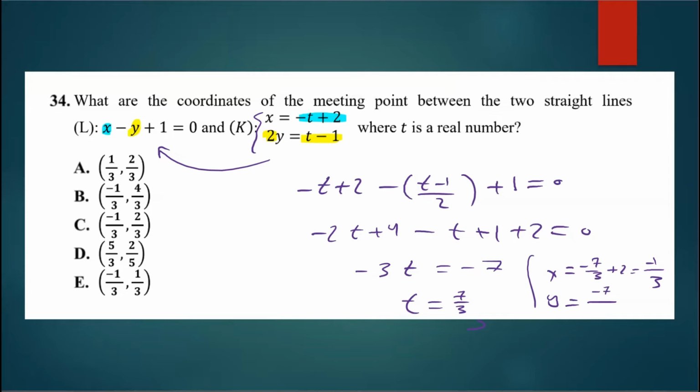It's 7/3 minus 1, and you need to divide that by 2. How much? I multiply by 3 up and down to get 7 minus 3 up, which is 4, and 6 down is 2/3. So -1/3 and 2/3, so it should be 3.